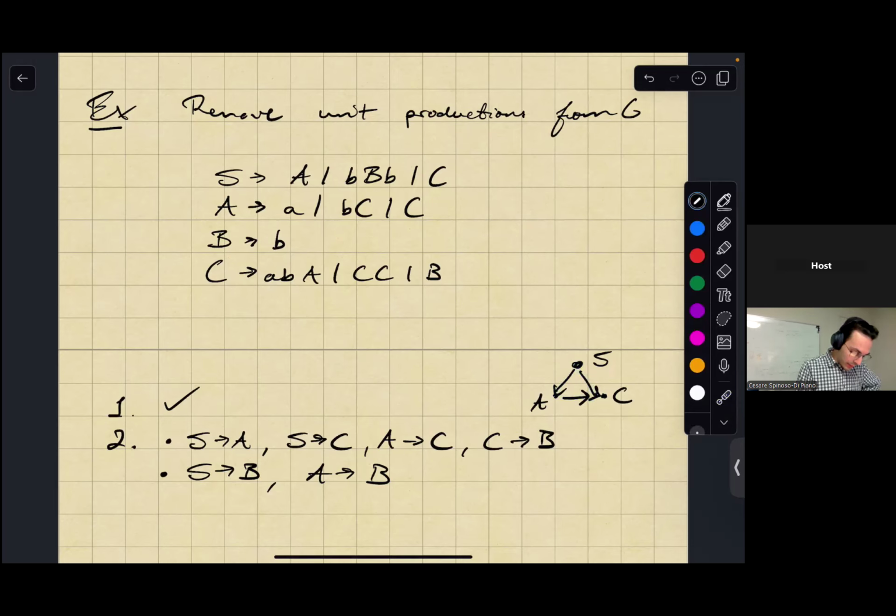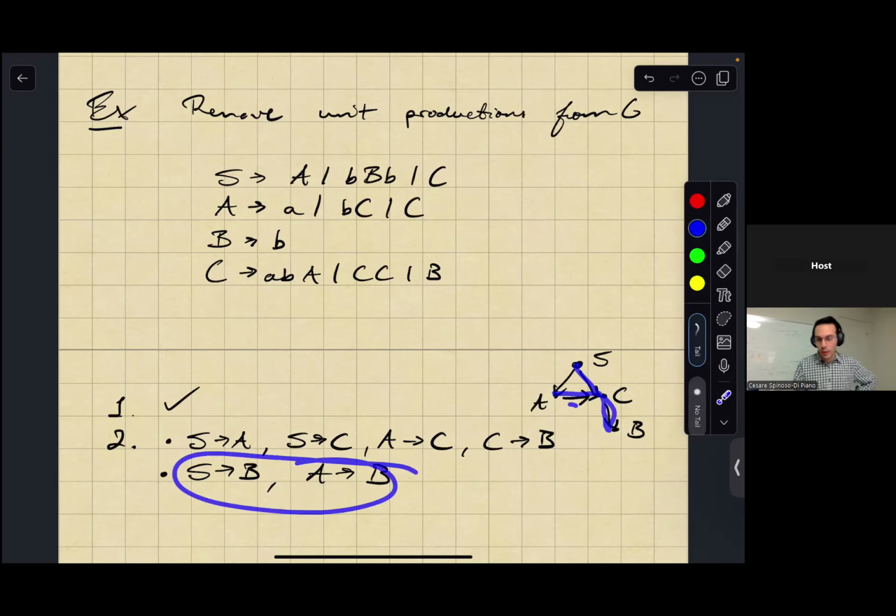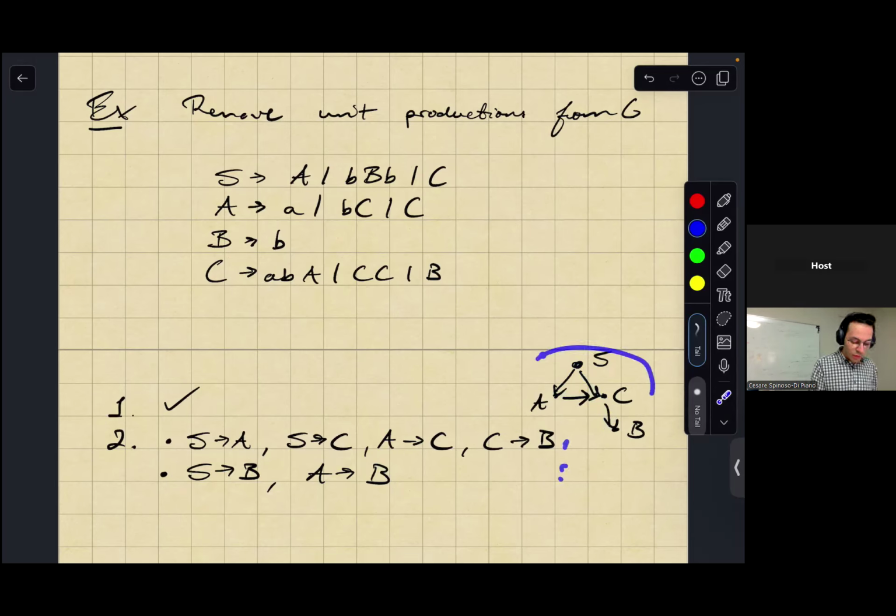Then I also have C gives me B, and so that's why I have to account for S goes to C goes to B, and A goes to C goes to B. So that's why I add these two. Okay, so either doing it iteratively here or just using a graph, that's also fine.